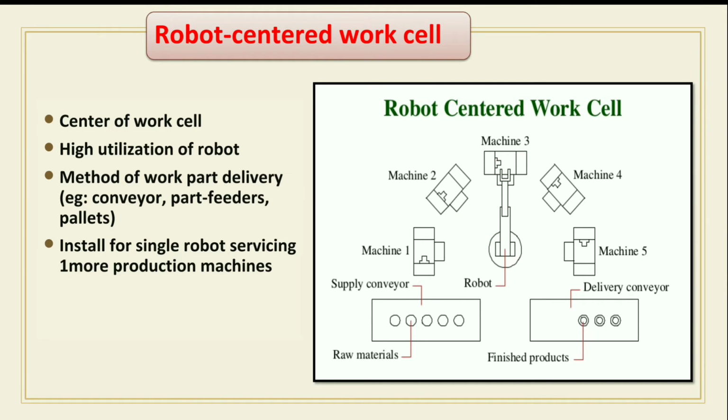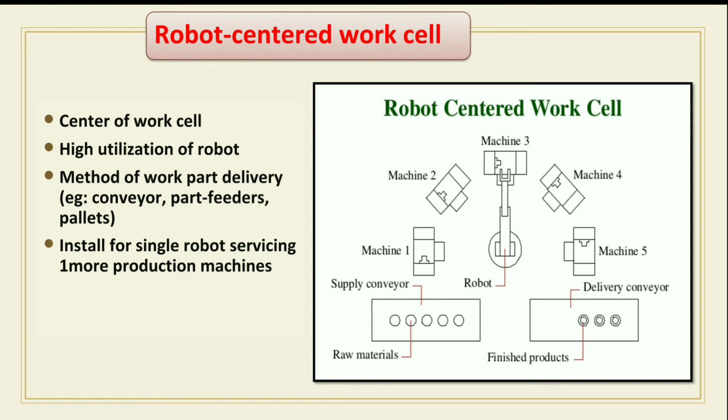The parts are to be supplied to the robot to perform pick and place operations, loading and unloading, or processing operations. Conveyors, part feeders, delivery systems or pallets are the means of supplying parts to the robot.